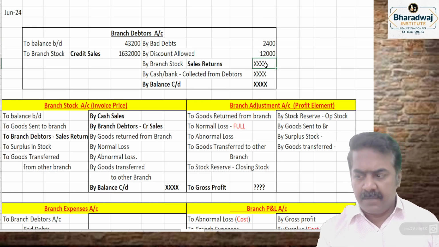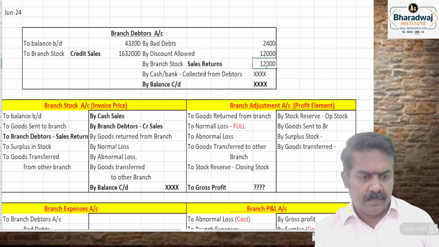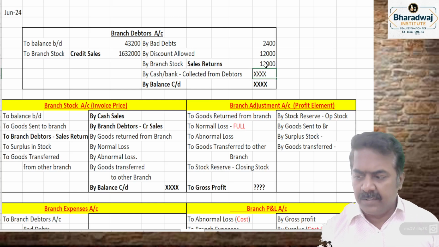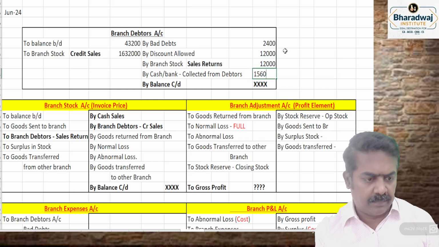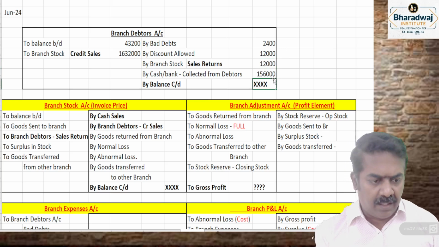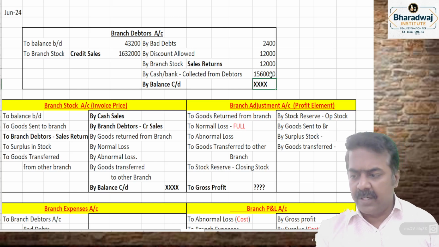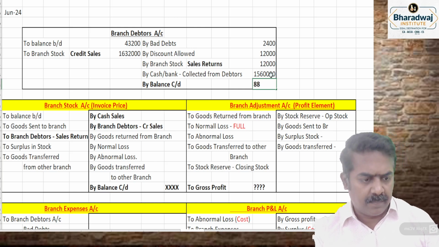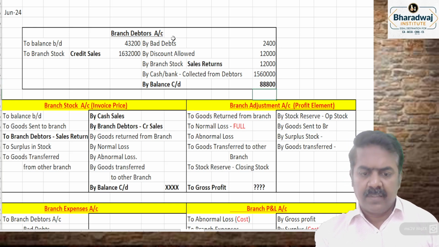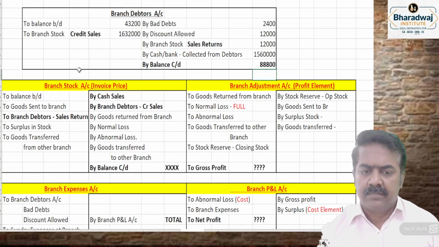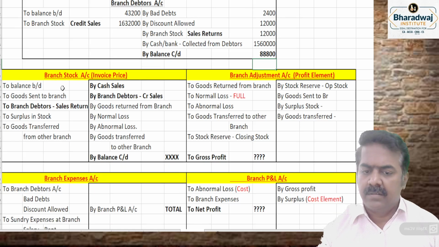Sales returns? Cash collection from debtors? 15,60,000 will come. If you tally this, what is the closing balance? 88,800. Any doubt in it?